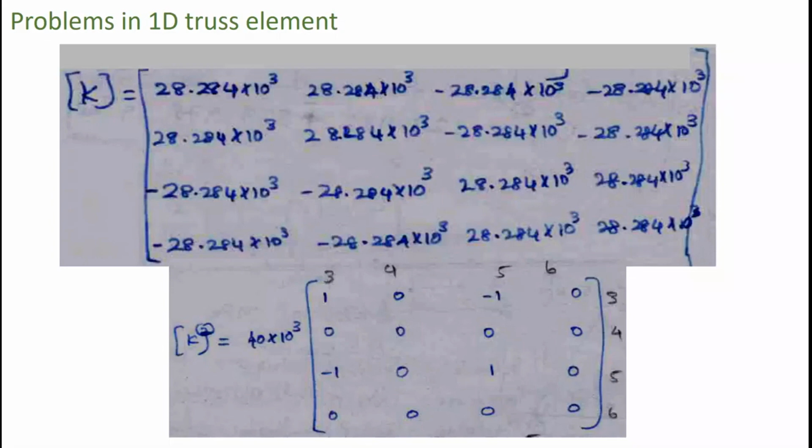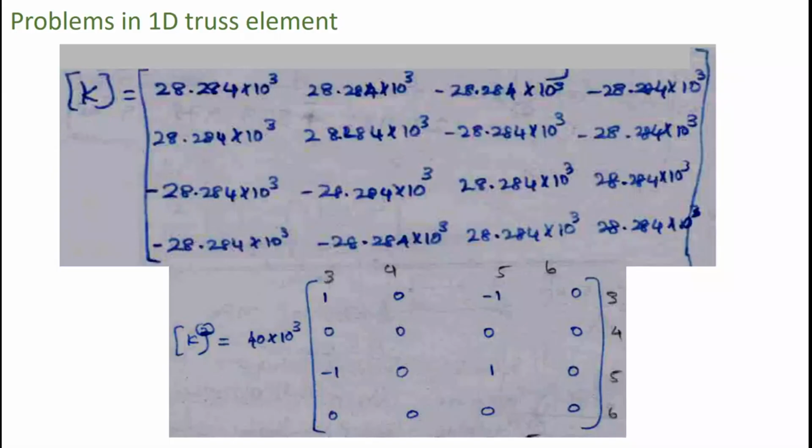We get 28.284 into 10 to the power 3 as the magnitude of every term, positive on the diagonal-block entries and negative on the off-diagonal entries, following the sign pattern of the matrix. So this is the final equation of element 1.